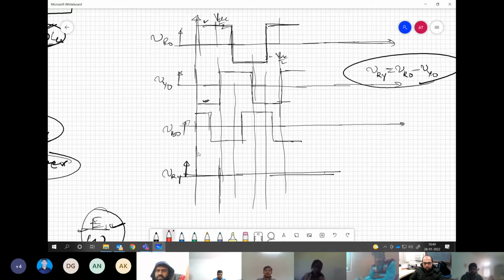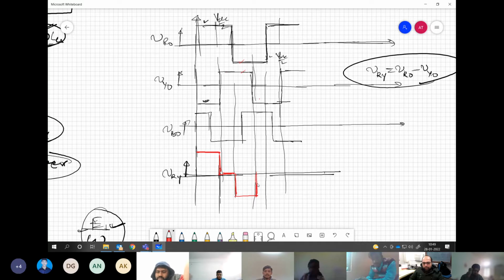VDC. During this point, when both are positive, it will be 0. Then again, the next interval where this is negative, this is positive for another 120 degree. So this will be negative, minus VDC.